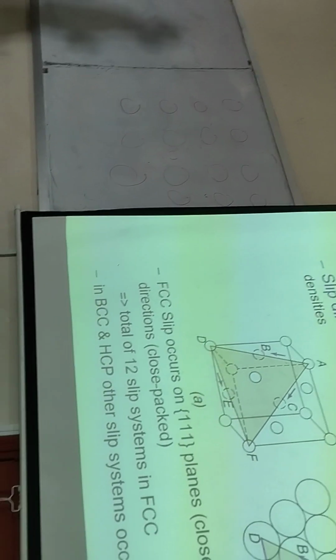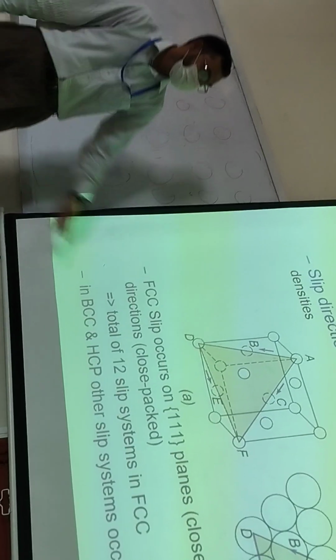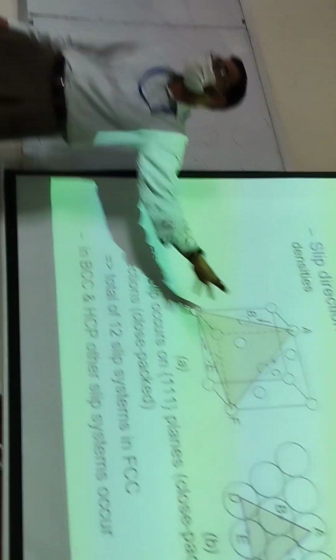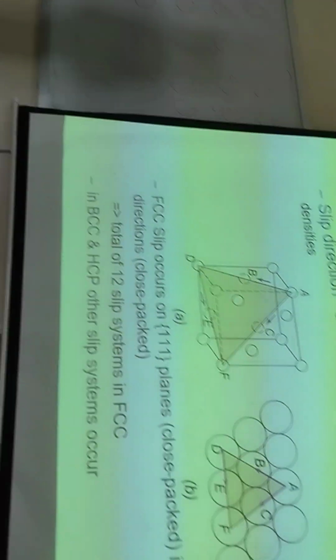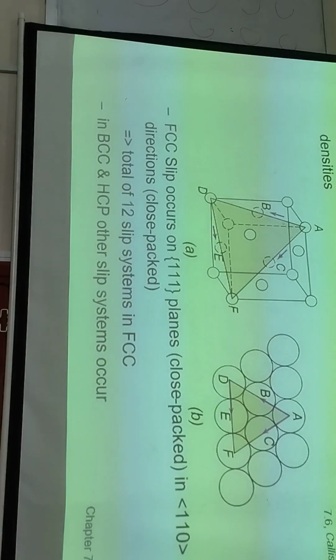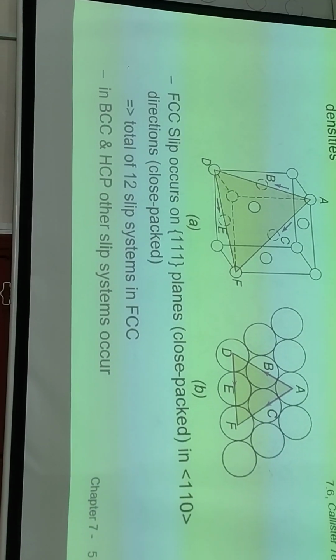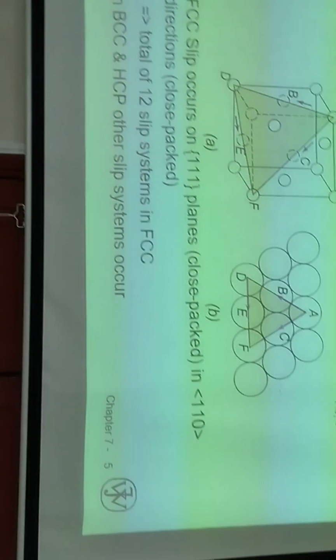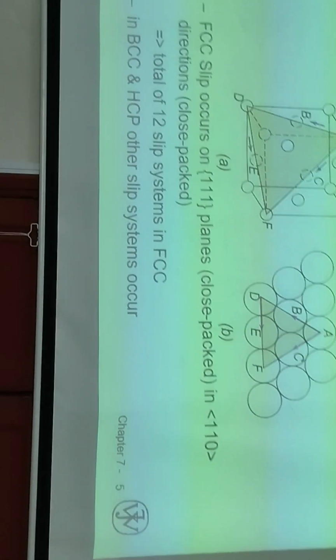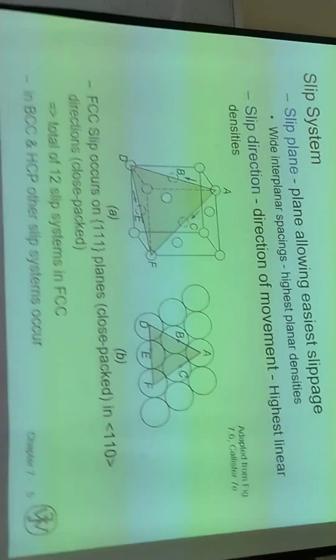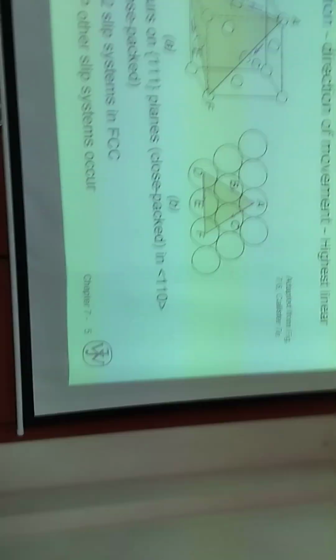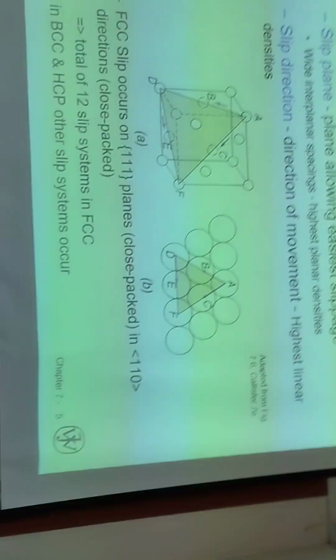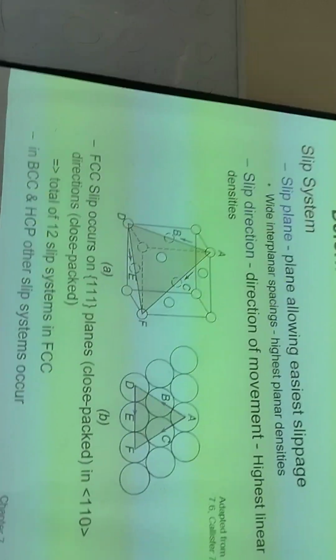So these kind of planes which are going to have a lower planar density are going to be known as slip planes, because preferentially they are going to deform, and these planes are going to slip on top of one another rather than those planes which have a higher planar density. They are going to act as stronger planes as compared with those planes which have a lower planar density. So we can identify slip planes based on their planar density.